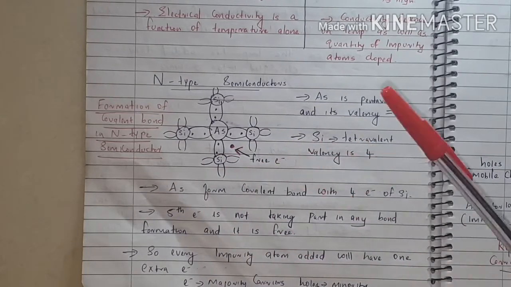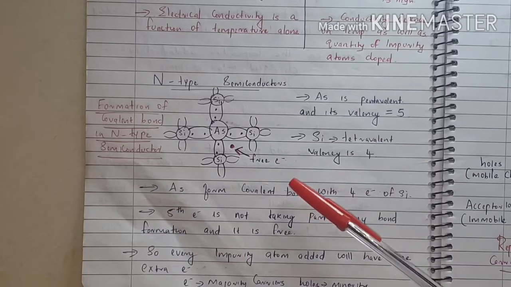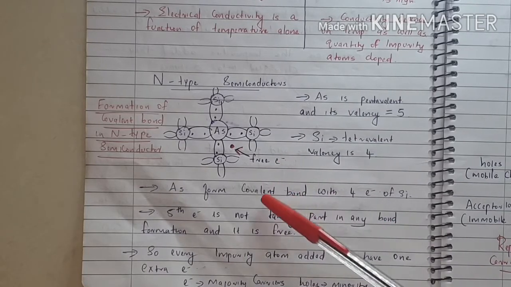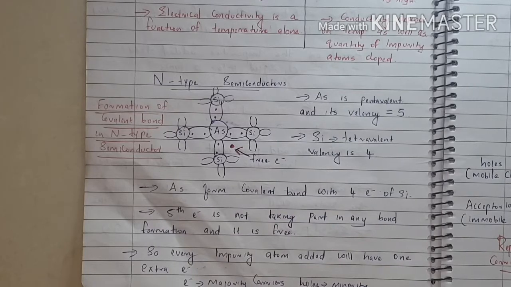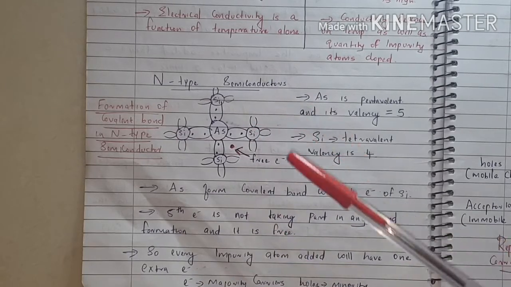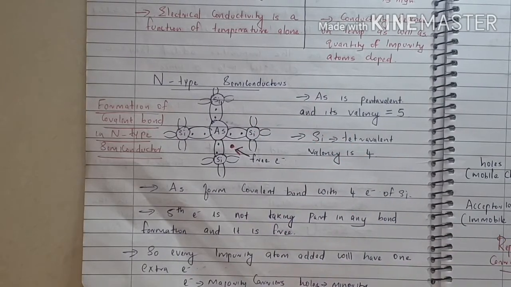So every impurity atom added to the structure donates a free electron to the structure. They have an extra electron. So in the N-type semiconductor, electrons are always majority carriers and holes are minority carriers.